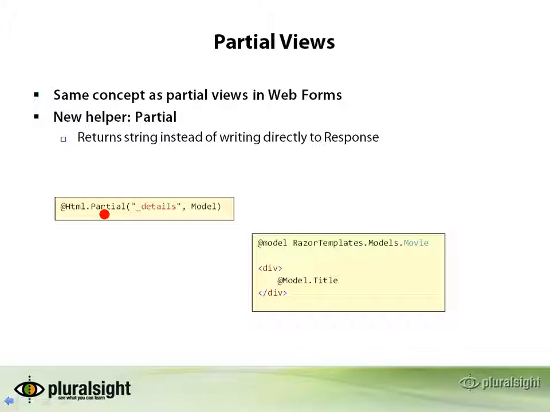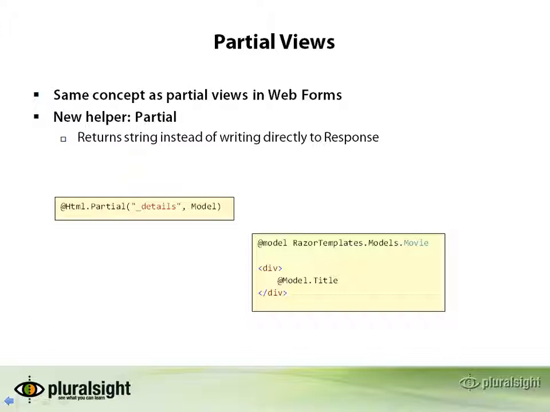So you extract those pieces, you put them in a partial view, and then you render that partial view from different pages. When you render a partial view, you can pass in model data, you can strongly type a partial view, and one significant difference with this html.partial helper compared to html.renderPartial, which you might have used in the past, is that html.partial returns a string that is put into the output at that location, whereas html.renderPartial used to write directly into the response.output.